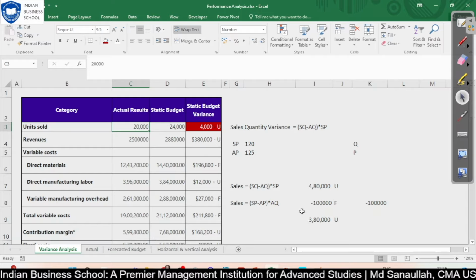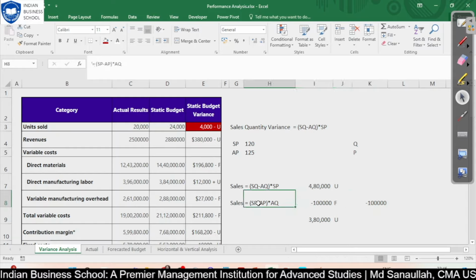So our price variance is favorable. Though while using the formula it is coming out negative, you have to understand the concept. Don't go by seeing minus or positive. In variance analysis, it is not the case that minus or positive is automatically favorable.